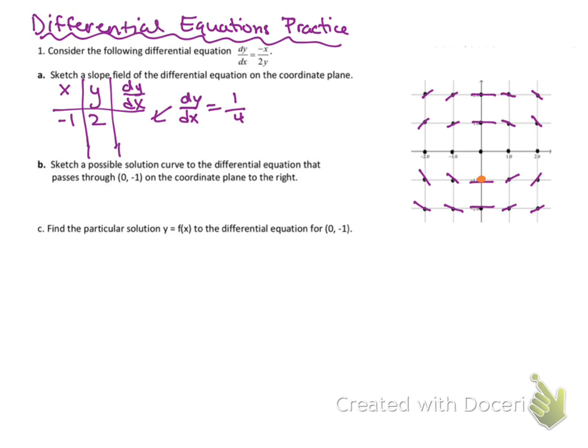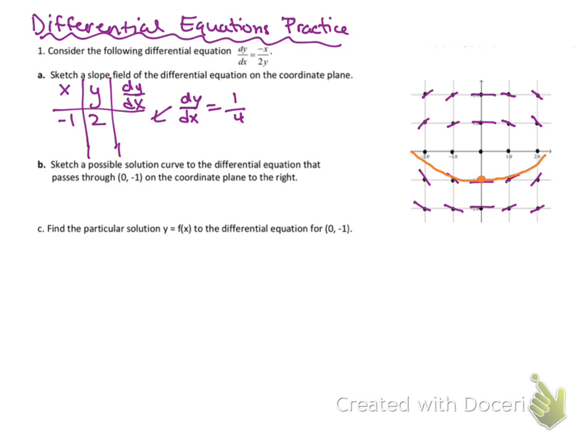Whenever you have a little line with a 0 slope, that is a sign that it's likely to be a maximum or minimum point. You're going to try to follow how the other slopes are. And you'll find that this one is like the bottom half of an ellipse.